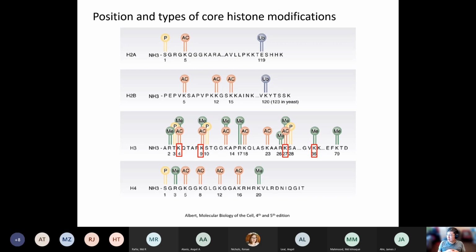The sequence starts from amino acid 1 and goes all the way to somewhere, so that remains the N-terminus. We're going to discuss mainly acetylation and methylation today, but phosphorylation and ubiquitination can both occur, although the latter two are not as widely studied as acetylation and methylation.